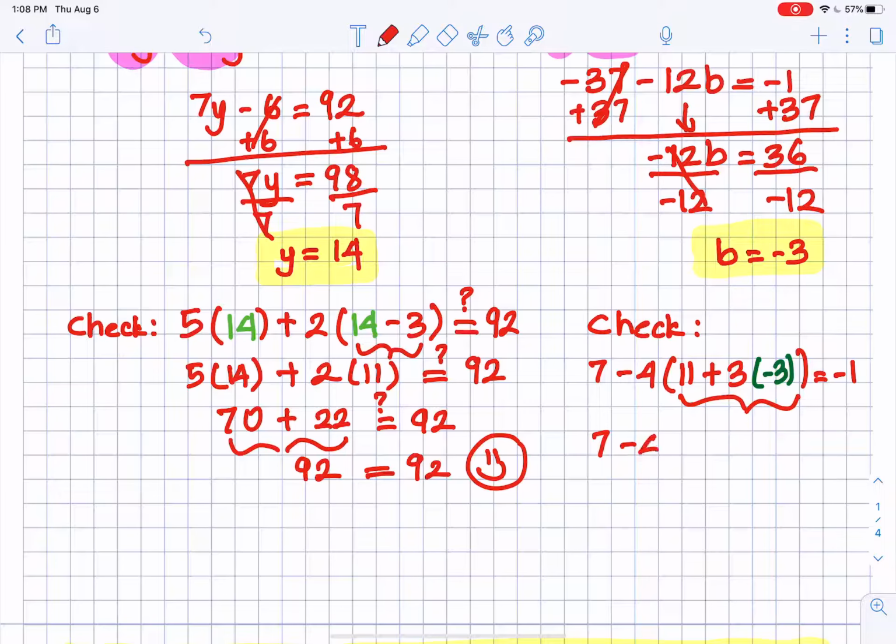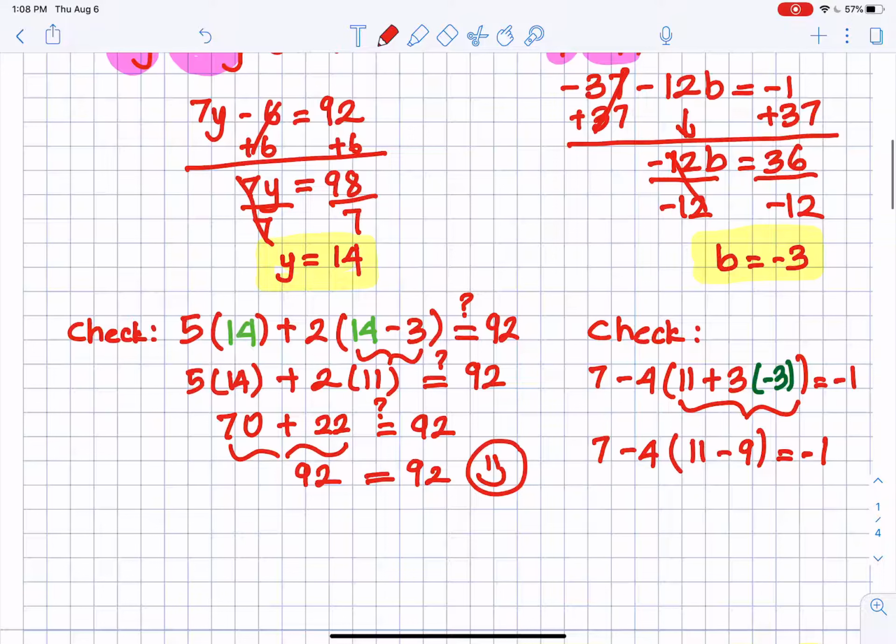7 minus 4 times 11 plus 3 times negative 3 will give me actually negative 9. And then we are checking, since we don't know yet, you don't want to use the equal sign.